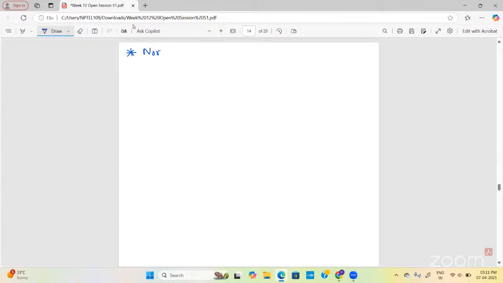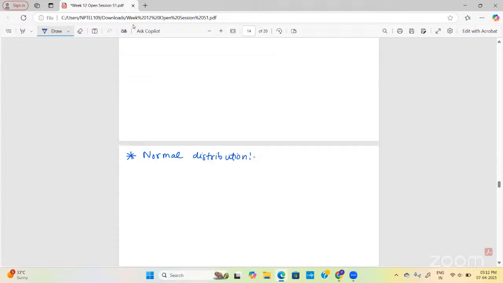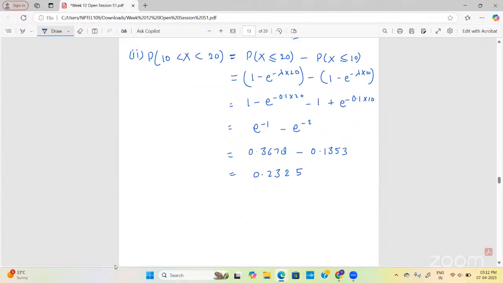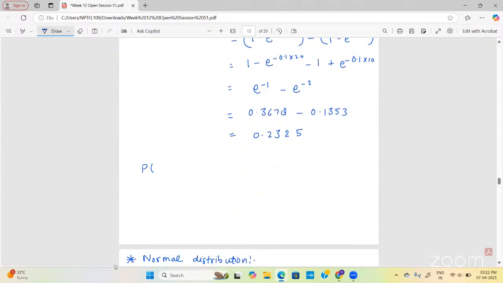And what if P of X is greater than 20? Yes, if you have to find the probability X is greater than 20, can we write it as 1 minus P of X less than 20?